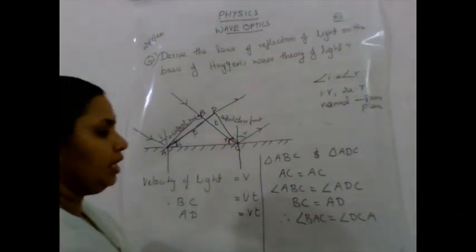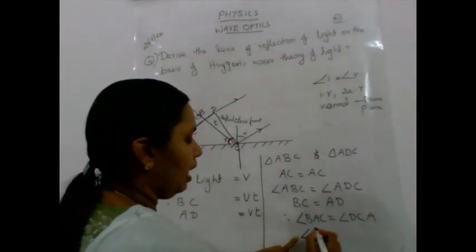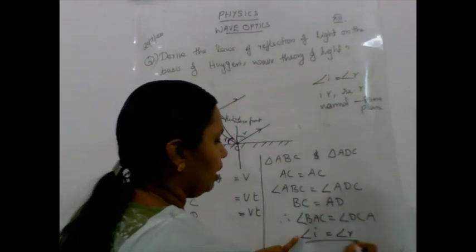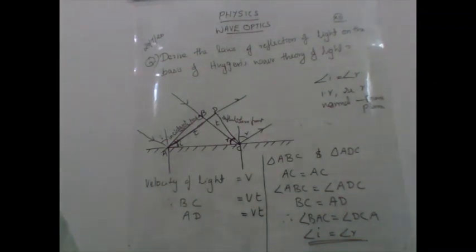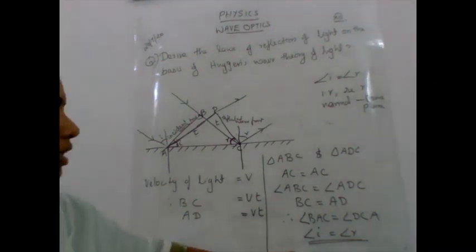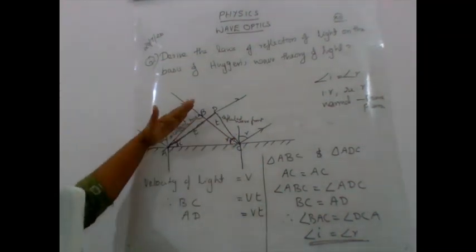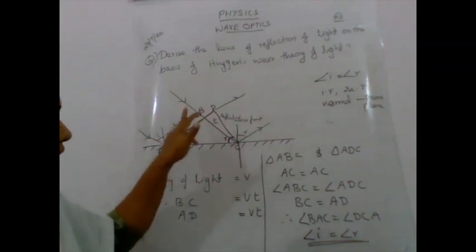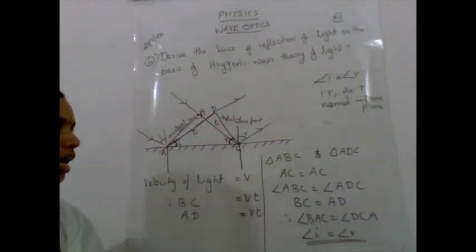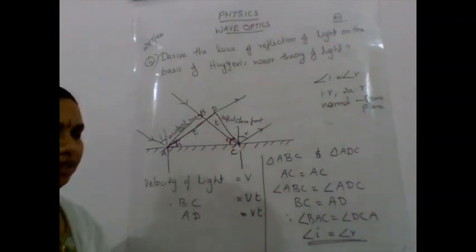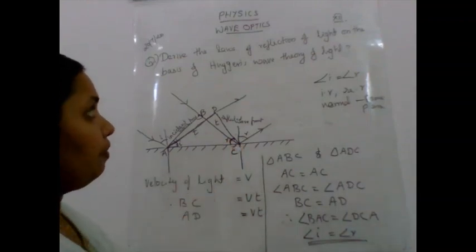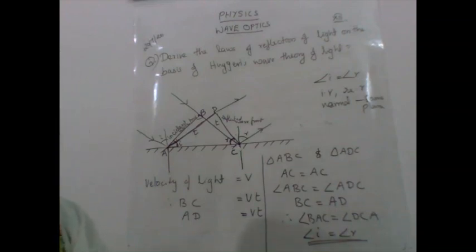That is angle I is equal to angle R. Okay. So that is the law of reflection. And it is very clear that the incident wavefront, the reflected wavefront and the normals drawn are all in the same plane. Okay, so hence the laws of reflection of light on the basis of Huygens principle is proved.